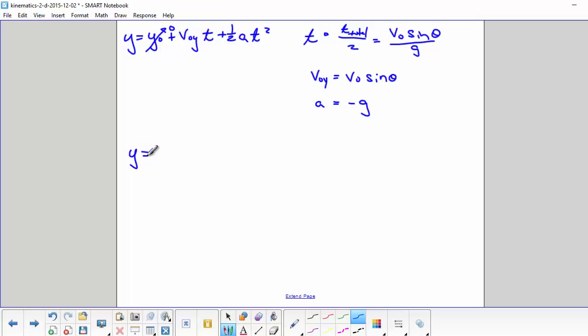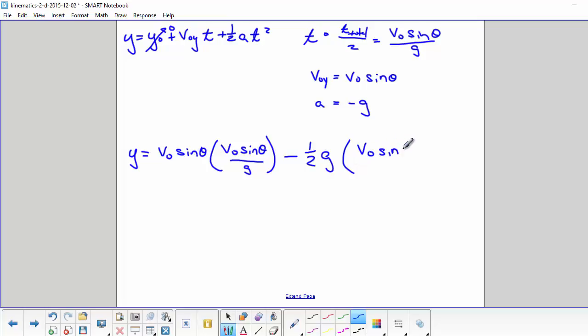So we get y equals v naught sine theta times v naught sine theta over g minus 1/2 g times v naught sine theta over g, squared.